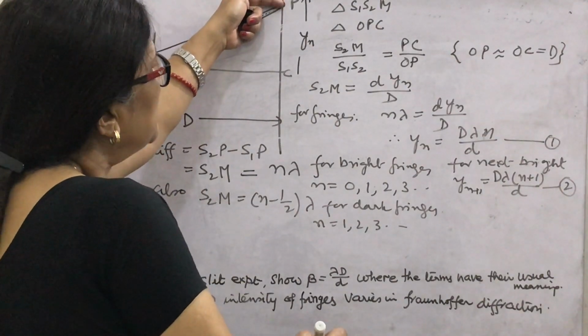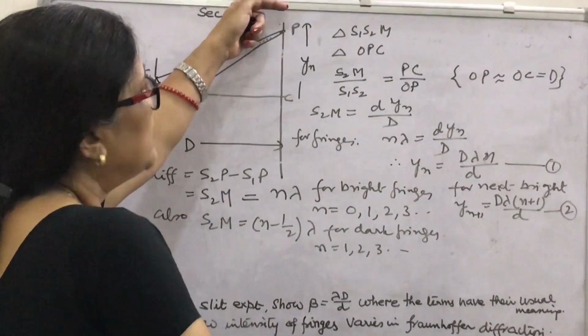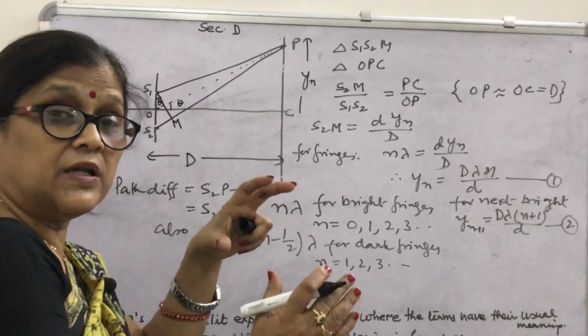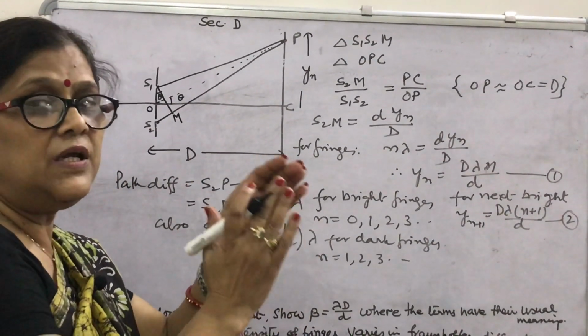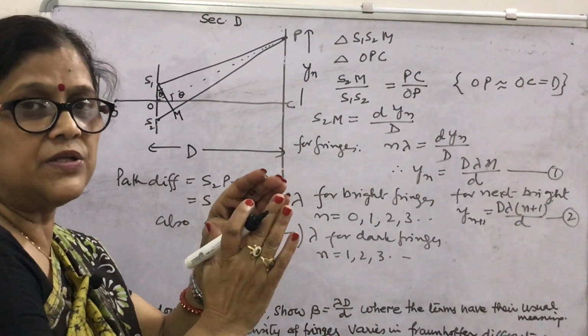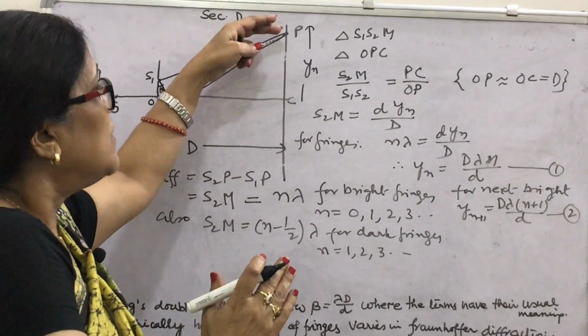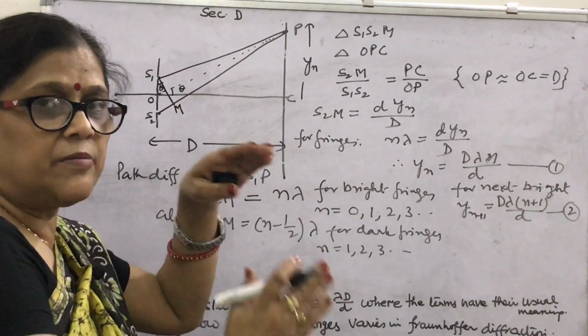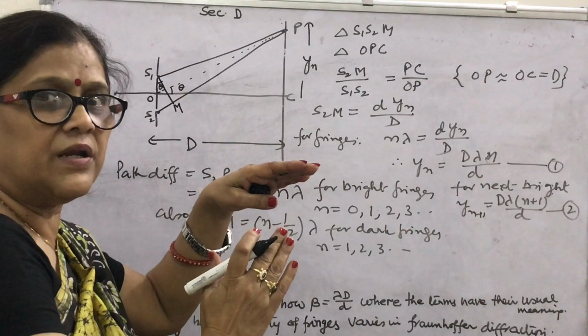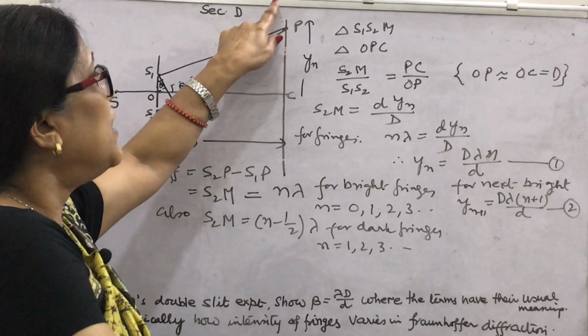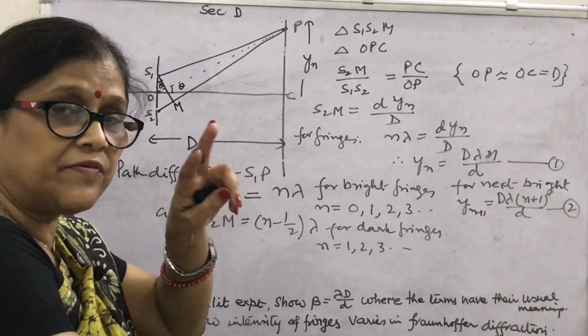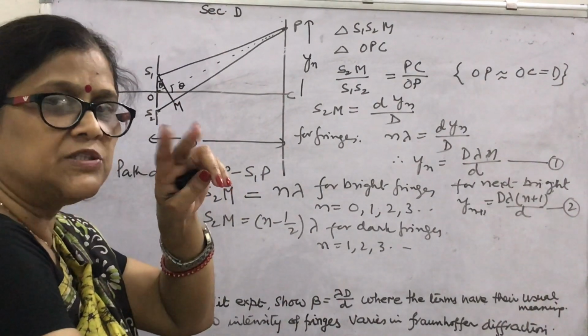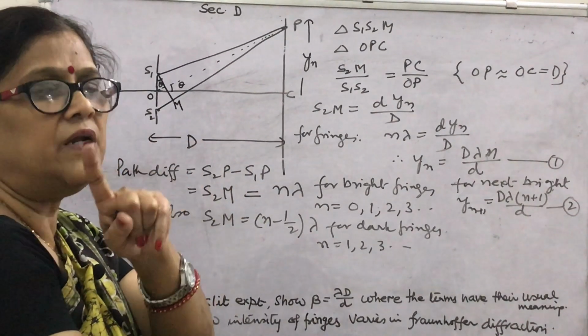From the nth to the (n plus 1)th bright fringe, you know that in interference, fringes of equal width and alternate bright and dark fringes are obtained. In between two successive bright fringes there will be one dark fringe.